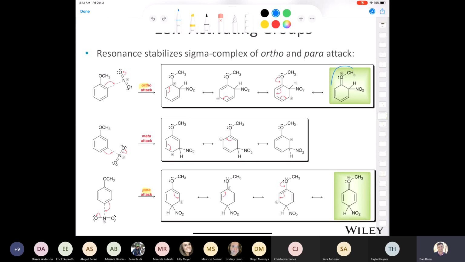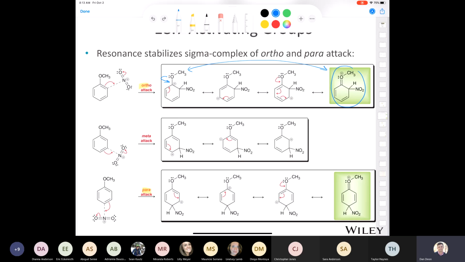We can draw this resonance contributor here. If you wanted to go from here directly to here, you would just draw a curved arrow like that. And so not only is the positive charge stabilized throughout the ring, but it's also resonance stabilized by the lone pair on that oxygen. You can see the same thing occurring in the para.